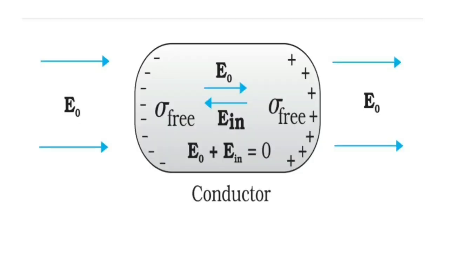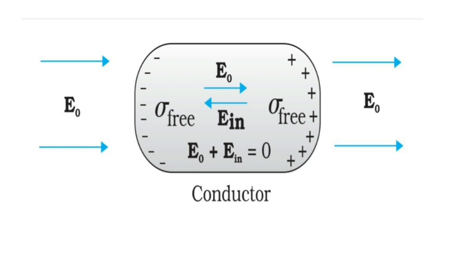Let's discuss what happens when a conductor is kept in an external electric field. As we already know, in a conductor there are free electrons which are free to move. So when such a conductor is kept in an external electric field, these free electrons will be moving under the action of this electric field.